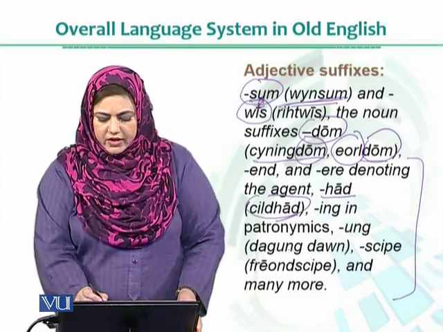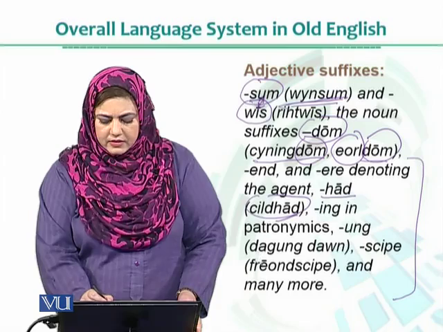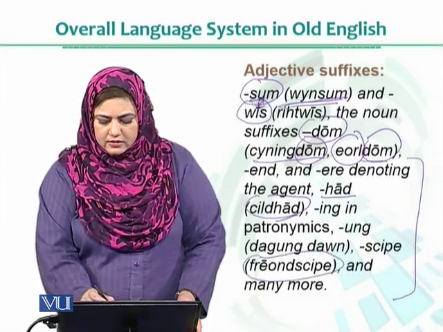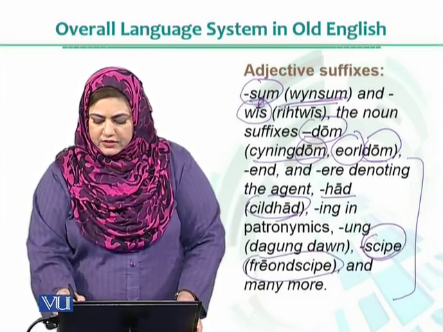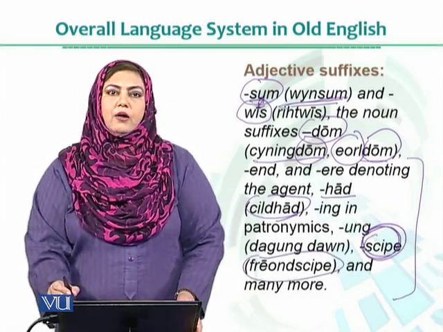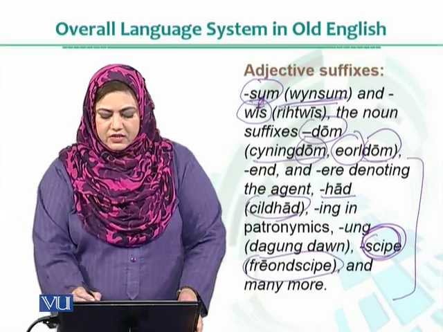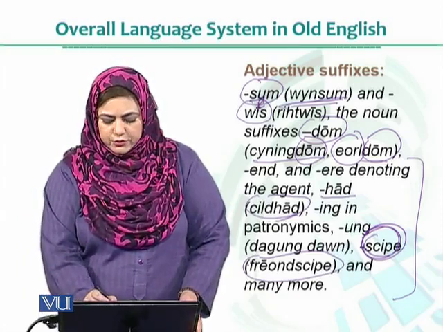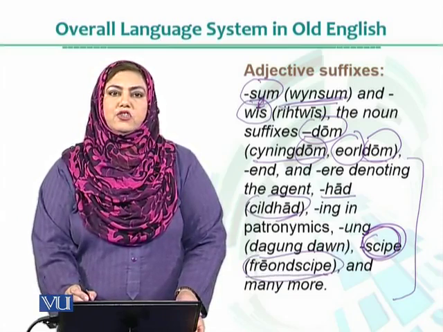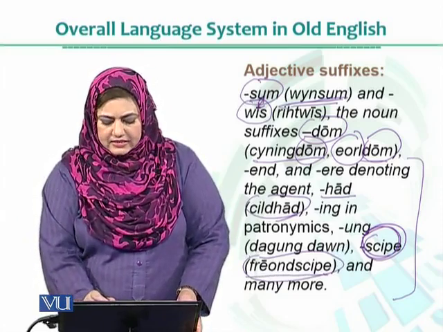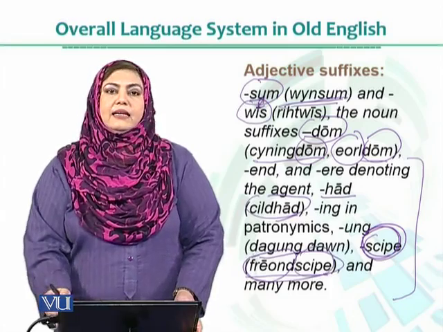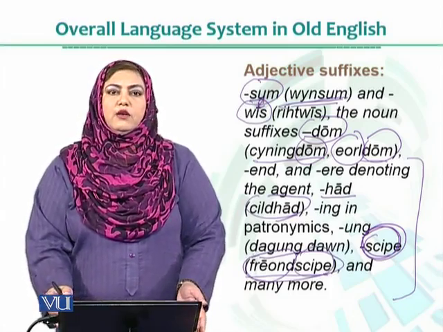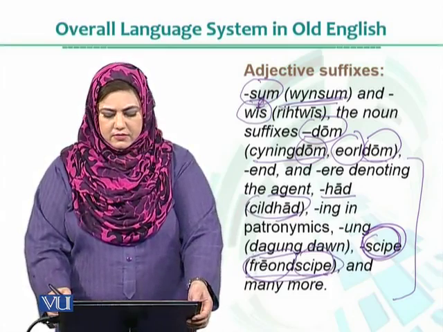So what you can also notice here is the pronunciation of this particular one that I'm pointing out now, which is ship. Well, this is very strange for you to read this as friendship. You know, the spellings are different. This part is friend and this is ship. By adding this suffix, the word friendship is made.